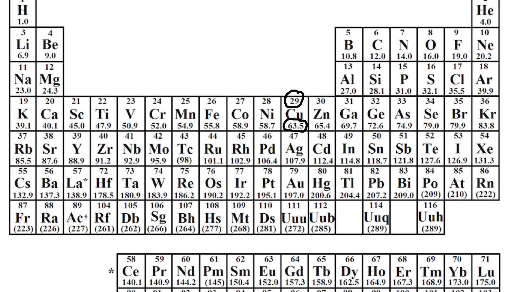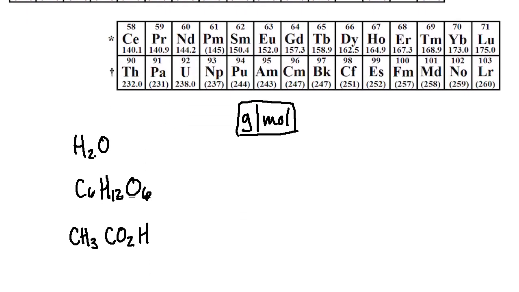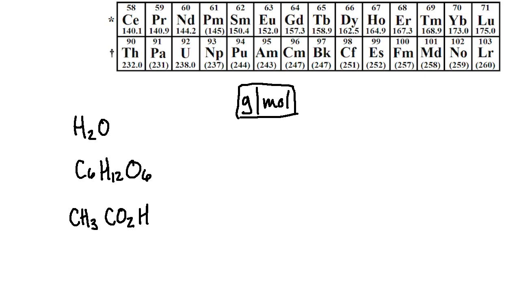So for H2O, I see that hydrogen has 1.0 and oxygen is 16.0. Now again, if you have a periodic table with more decimal points, you may get a more specific answer. So there are two hydrogens.